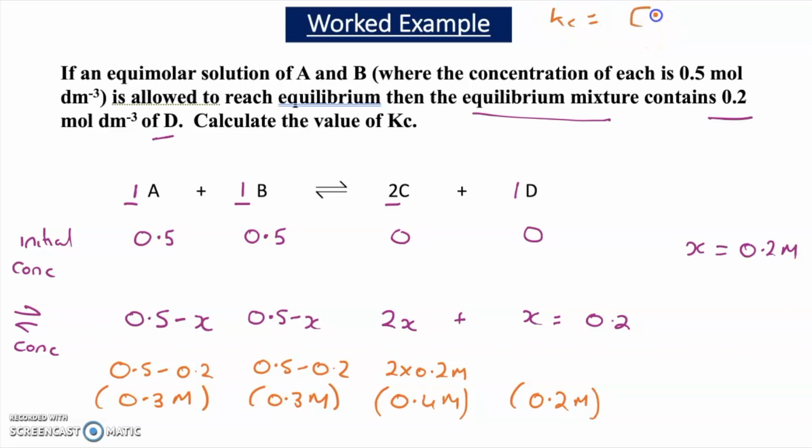Now to calculate Kc, I have to write the expression, which is Kc is equal to the concentration of C to the power 2 times the concentration of D, over the concentration of A times the concentration of B. Then all I do is substitute in these concentrations that I've worked out.